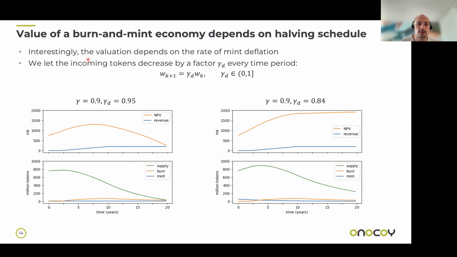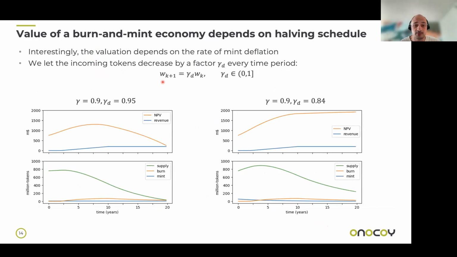And the value of a Burn-and-Mint economy, it turns out, depends on a halving schedule. So that deflationary stuff rears its head again. It got put on pause for a second, but it's back. And again, in a sense, this was discovered.